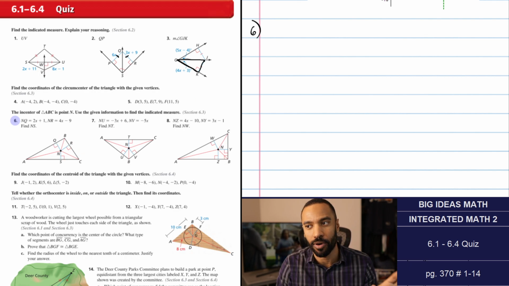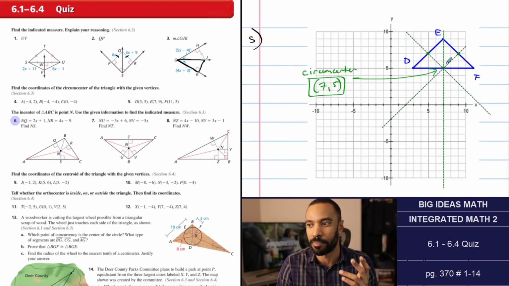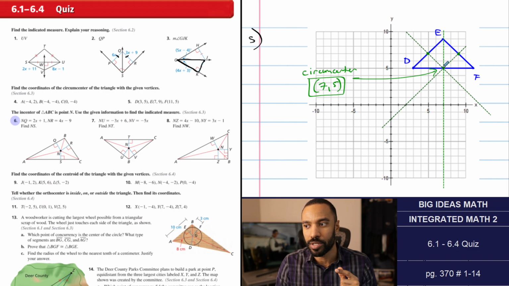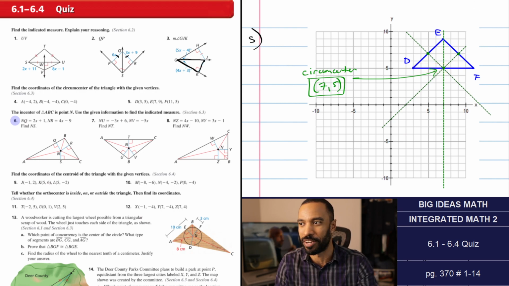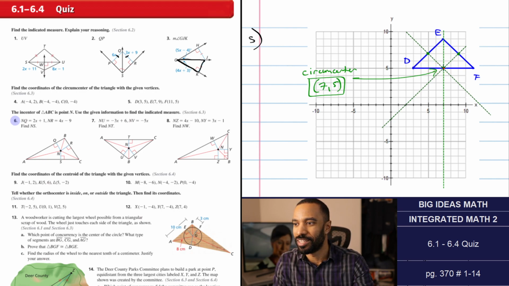Before I keep moving on, that's what I want to say about a circumcenter. The circumcenter is equidistant to all vertices of the triangle. That means that this distance, this distance, and this distance are all congruent because they go to D, E, and F. This is the bad part about doing it on a right triangle.